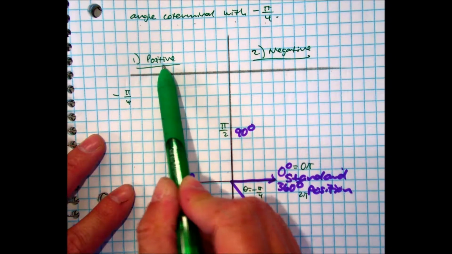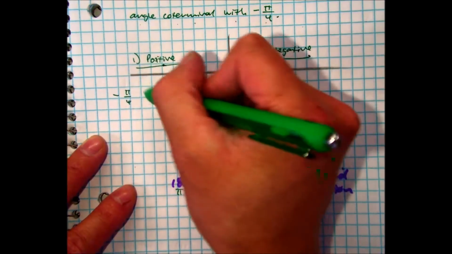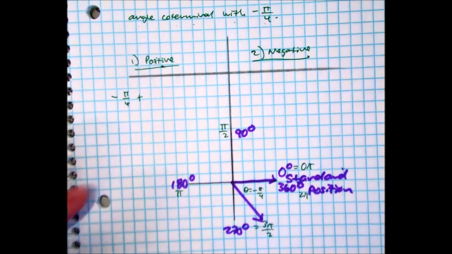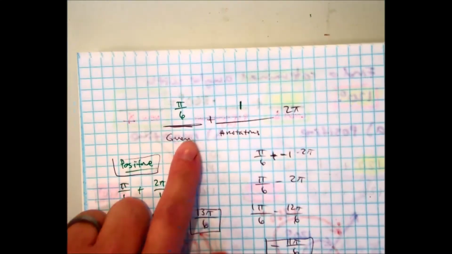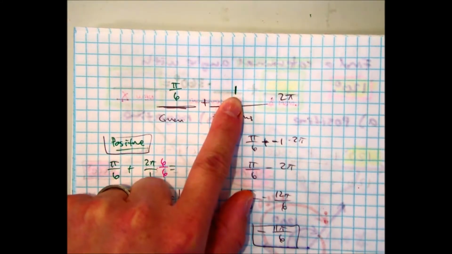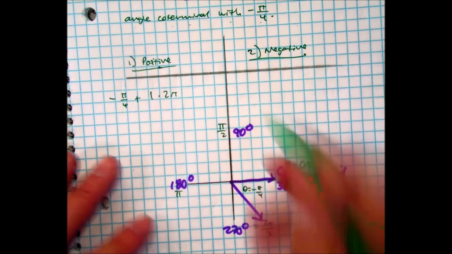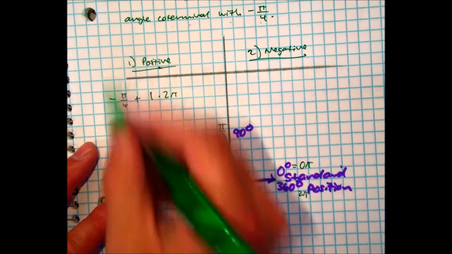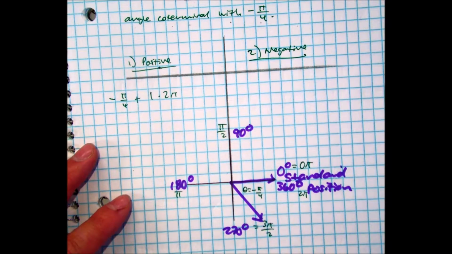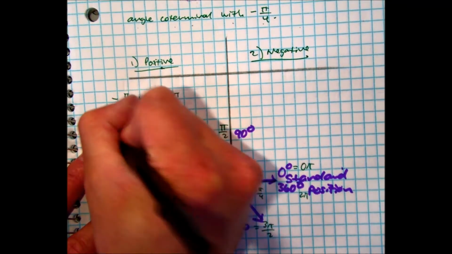I want another positive coterminal angle. What am I going to do, class? Yesterday we learned that if I just need to add a number of rotations, I can add a positive one. That's a positive angle, right? So the angle that we've given, let me draw you a bunch of blanks. This is called the given angle.